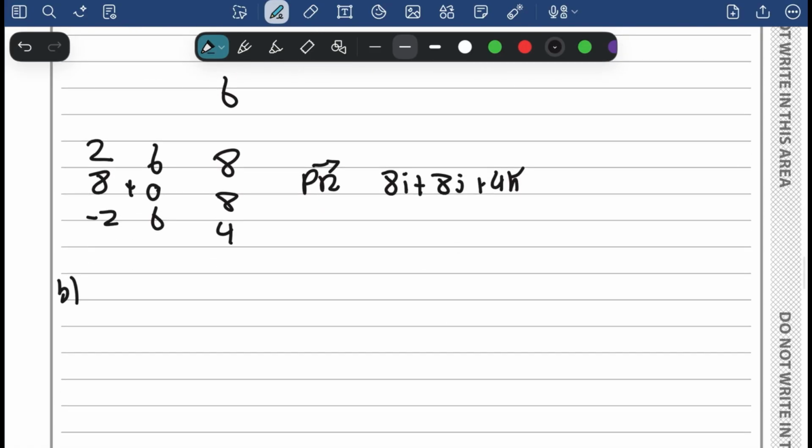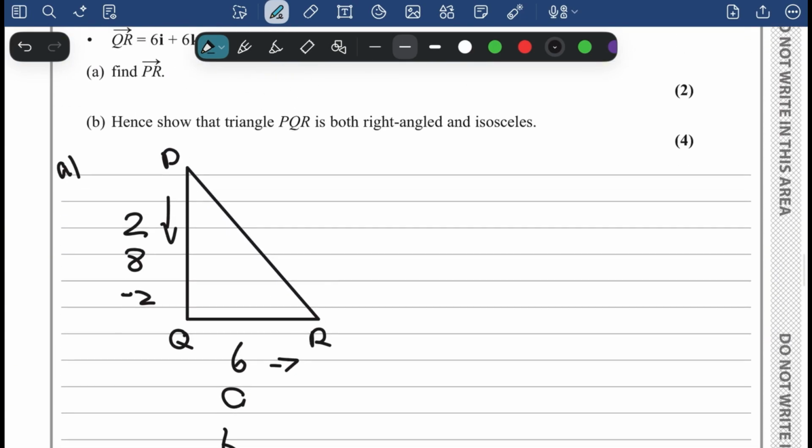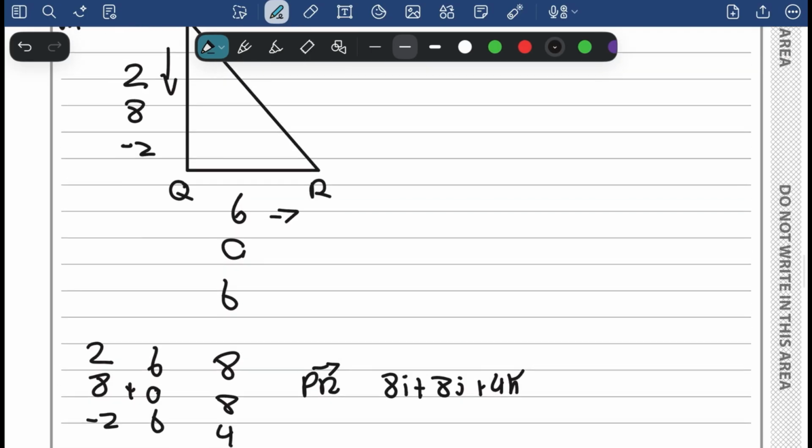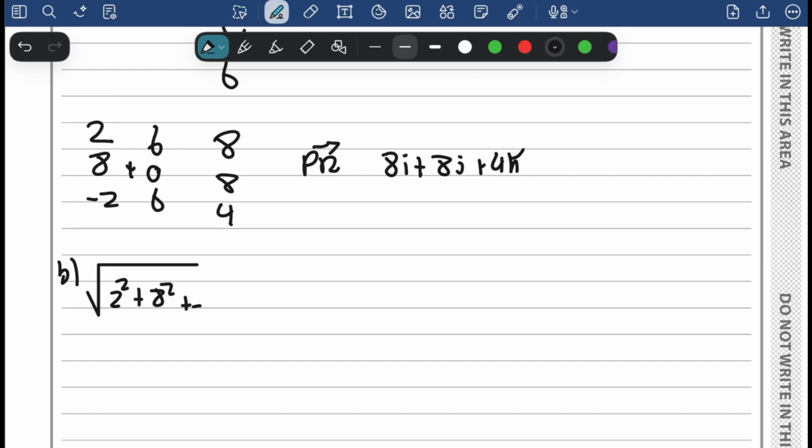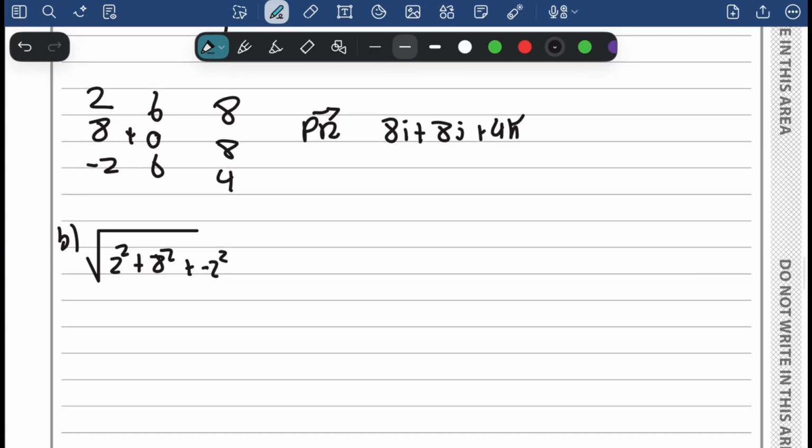So we just do 2 squared, add 8 squared, add minus 2 squared. Obviously this will be all in brackets, but it will become positive anyway. So it's going to be 2 squared, add 8 squared, add 2 squared, which is going to give us 6 root 2.